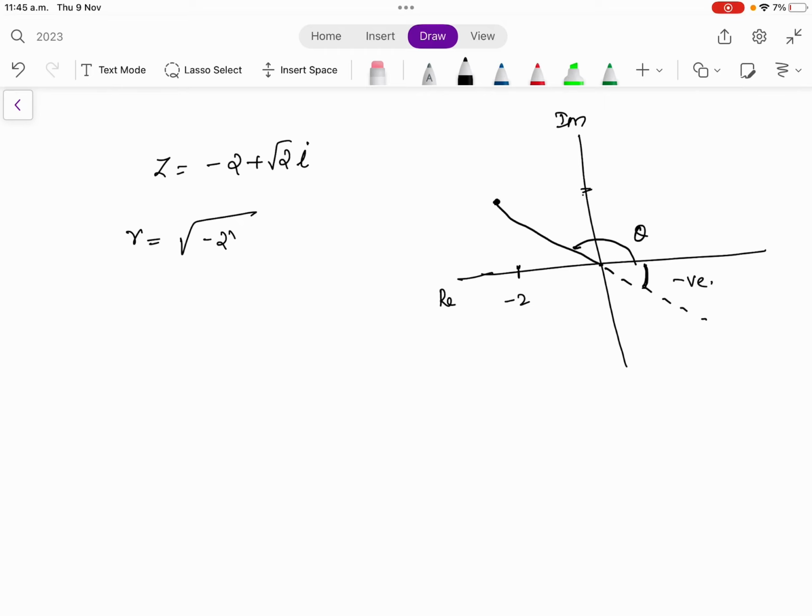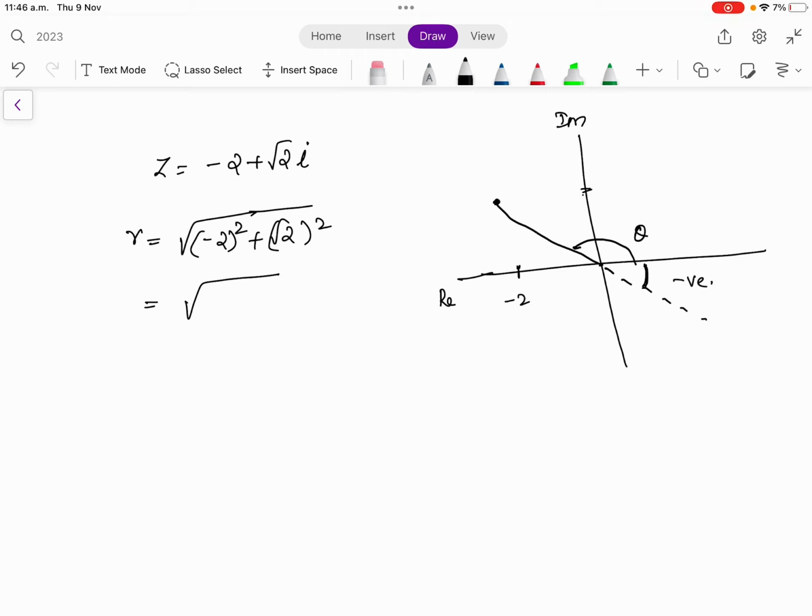Which is minus 2 square plus root 2 square, which is equal to square root of 6. I'm sorry, that's not square root of 6.